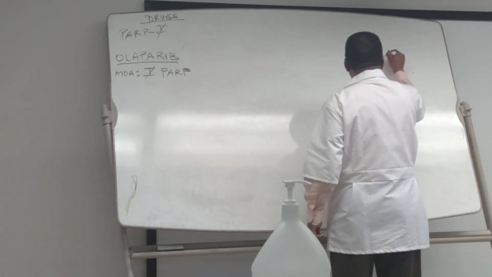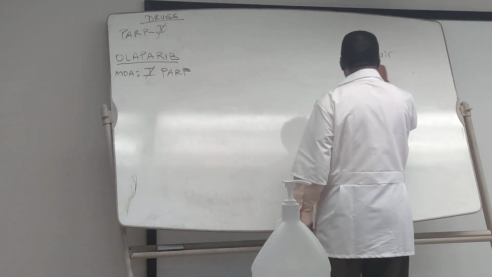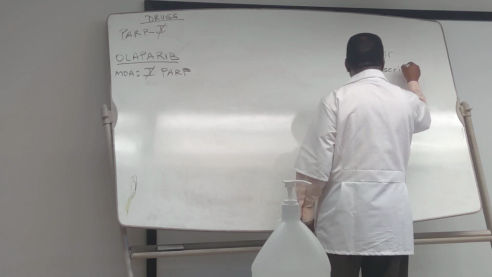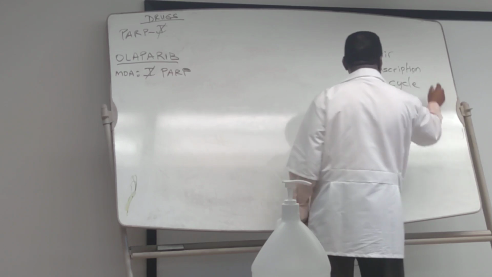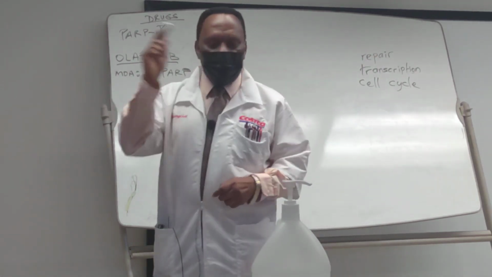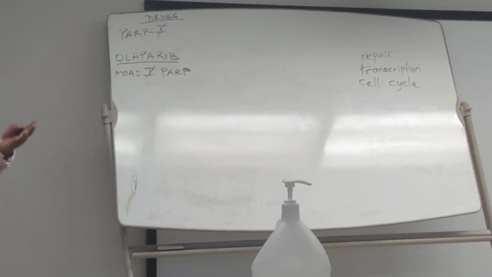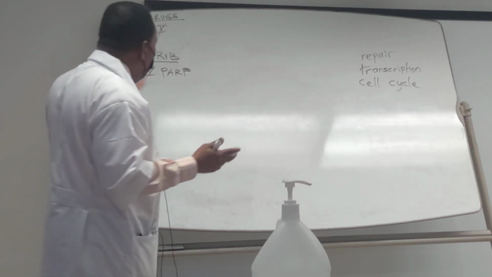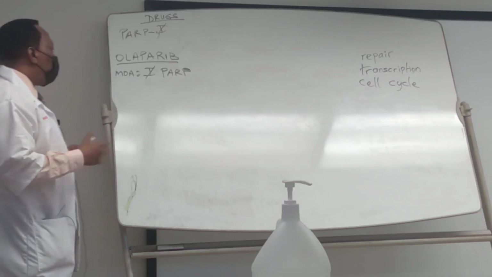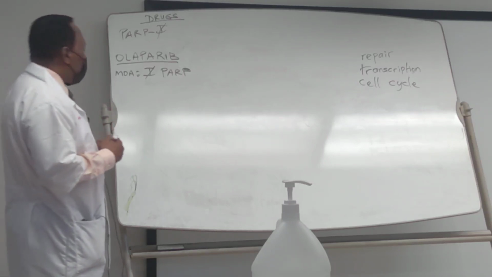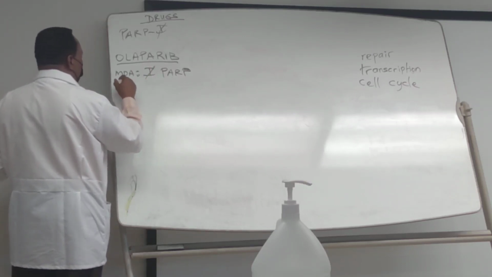It is also involved in transcription, and it is also involved in the normal function of your cell cycle. So if you inhibit it, then of course the cell will not be viable. So that's why your PARP inhibitors can cause the death of those cancerous cells. So that's in terms of its MOA.